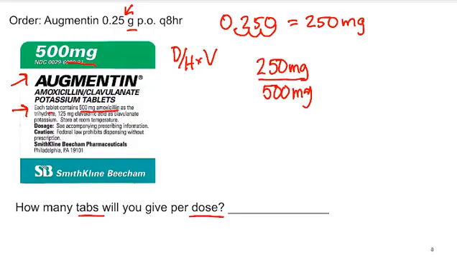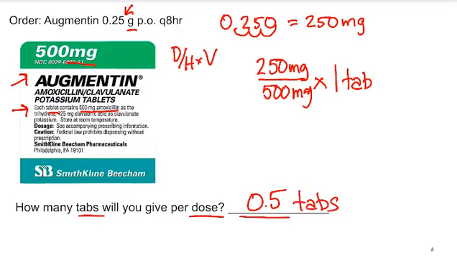Each tablet, so I know it's one tablet. Sometimes you have to read a little just to make sure, times 1 tab. So that's my calculation. I'm going to go to my calculator and do 250 divided by 500, and that equals 0.5 what? Tabs. That is my final answer.